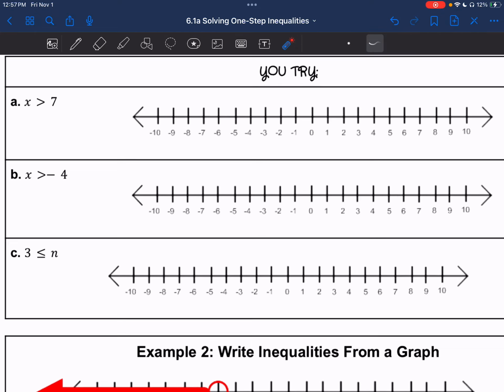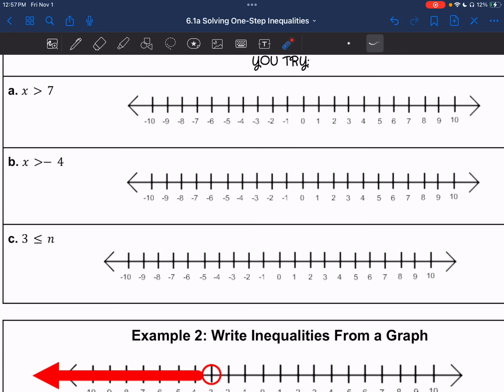All right. Now we've got letters A, B, and C as your tries. Please do them on your own and then check your work against mine. Letter A, we have x is greater than 7. So we're going to have an open dot at 7, and we are going to shade to the right. Letter B, we have an open dot at negative 4, and we are going to shade to the right.